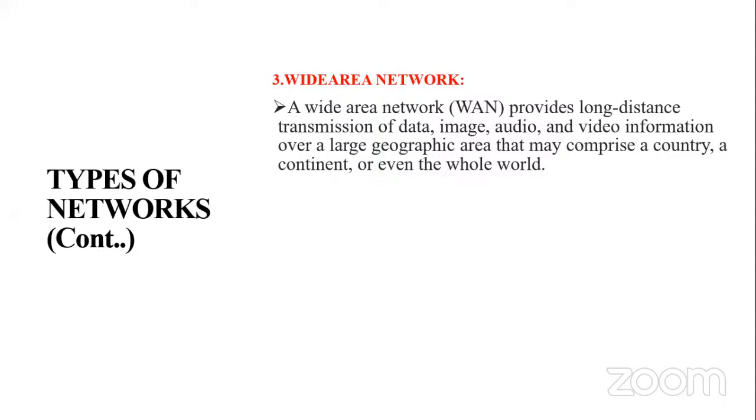Another definition of WAN is the combination of two or more MANs will be called a wide area network. The combination of LANs will be called a MAN. The combination of MANs will be called a WAN. An example of a wide area network is the internet.